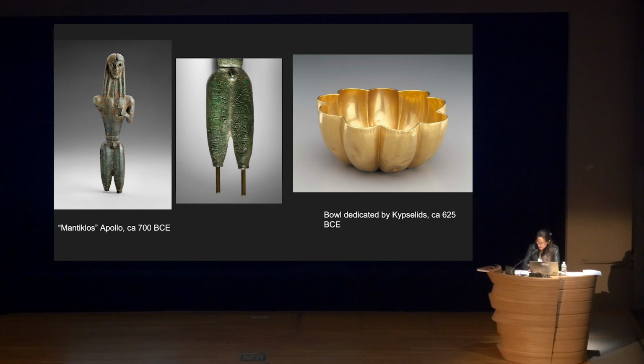Among them is the famed Mantiklos Apollo, which is on the left, long regarded as embodying the transition from geometric to archaic art because of its unique combination of planar and rounded forms.